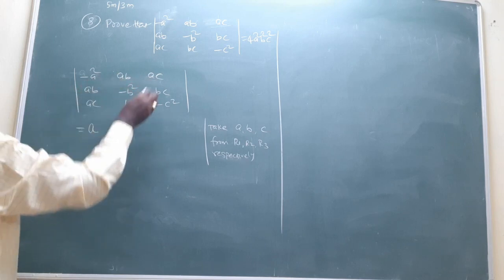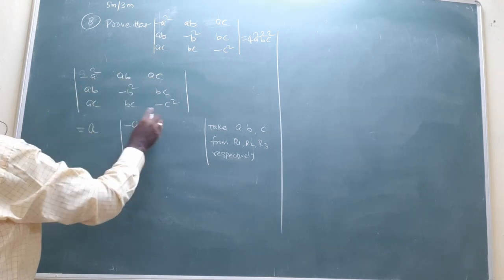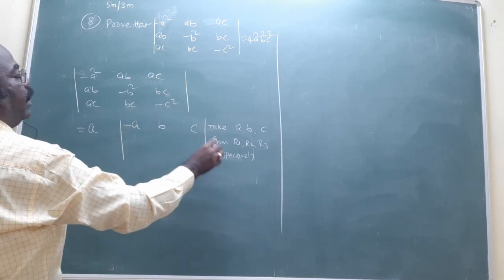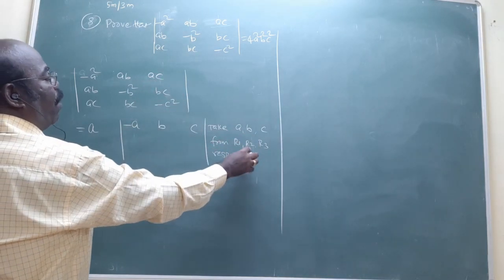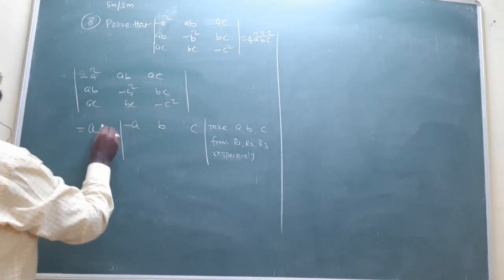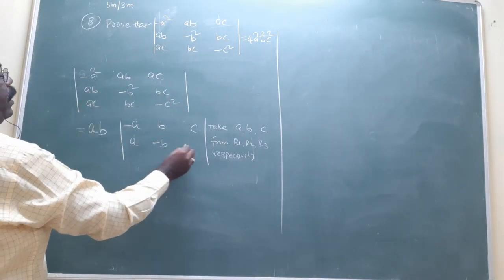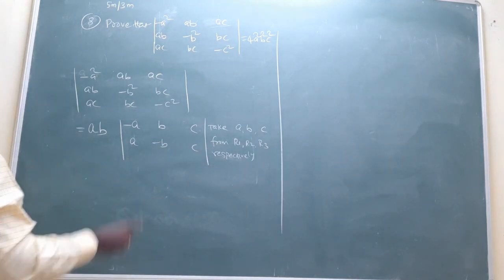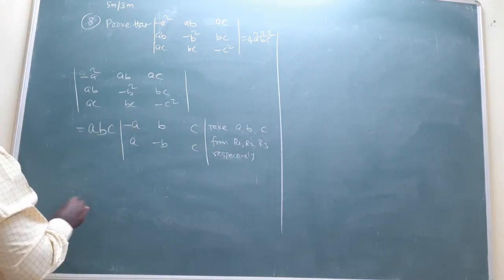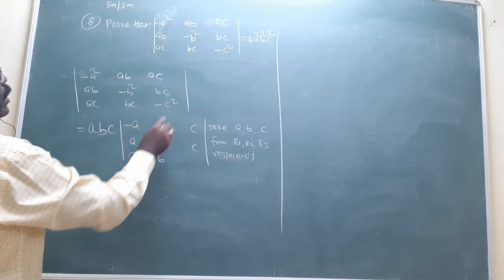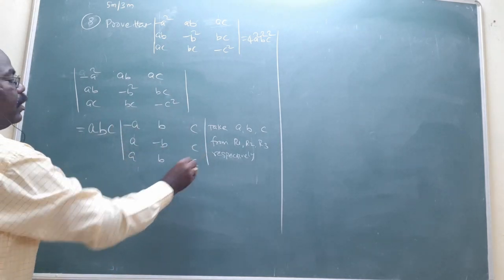Take note, the remaining terms are minus A, plus B, plus C. In R2, take B common, the remaining terms are A, minus B, C. Again in the third row, C is common, the remaining terms are A, B, minus C. Am I right?